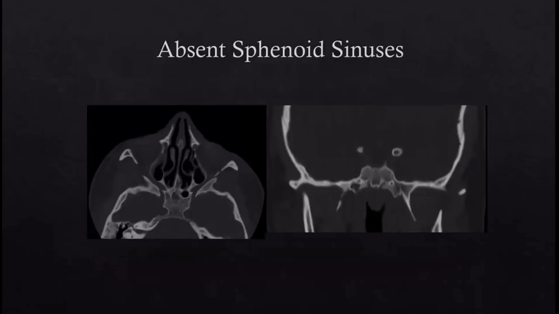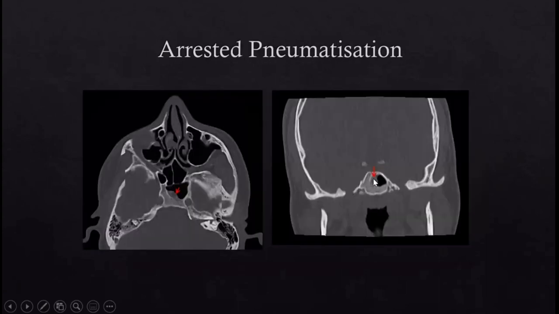Sometimes the sphenoid sinuses are absent, as in this patient here on the axial and coronal CT images. You can see that there are no sphenoid air cells of note within this sphenoid bone here. And in this patient, something has happened called arrested pneumatisation. So we've had a go at pneumatising the sphenoid, and there is some air within an air cell there.